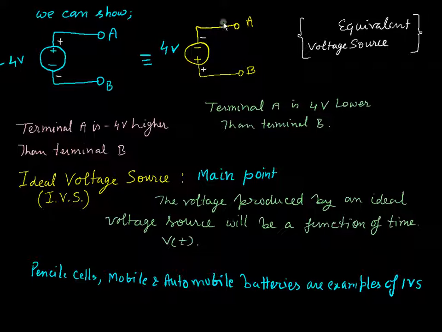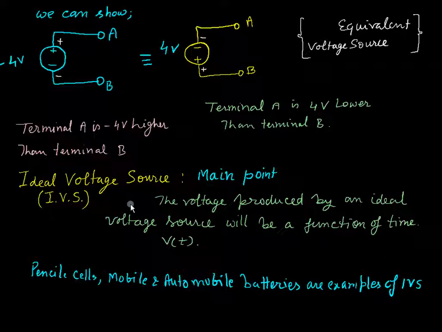So terminal A is 4 volts lower than terminal B. In this way one can read it: terminal A is at minus 4 volts higher than terminal B, or terminal A is 4 volts lower than terminal B. So both the circuits are equivalent.